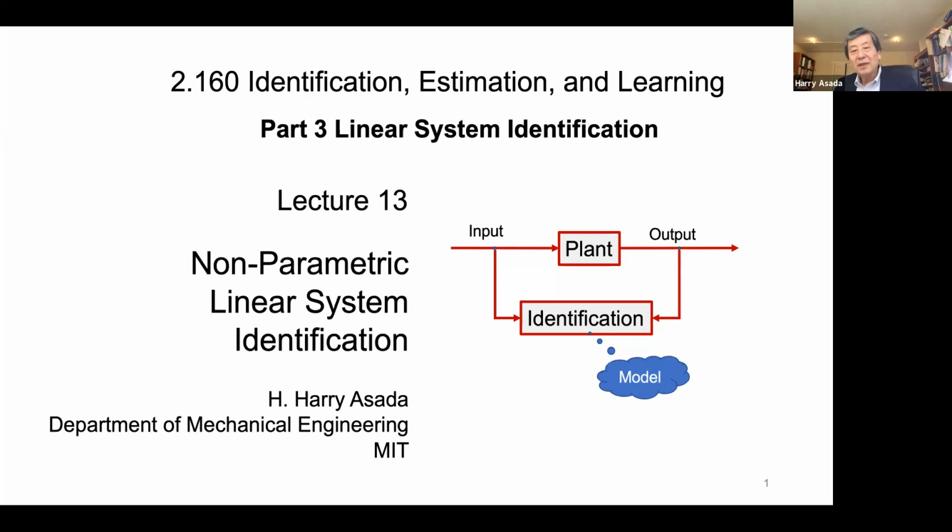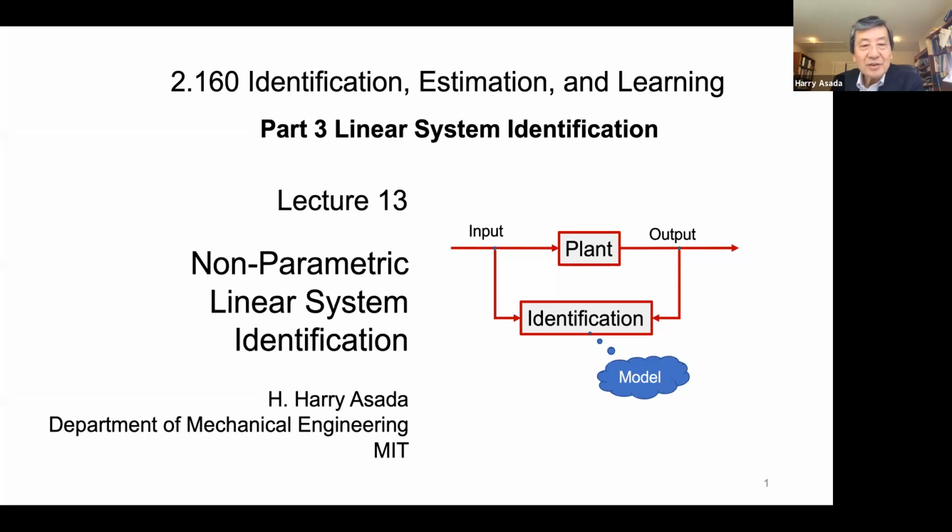But both build the model to predict the output, either through previous data, that's learning, or some given or acquired data, that's system identification.